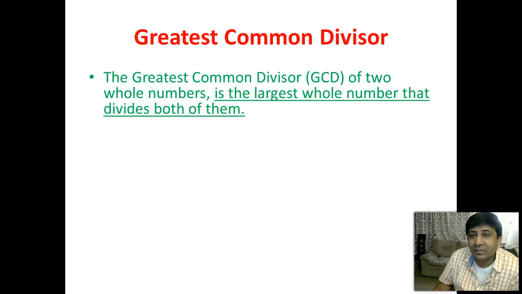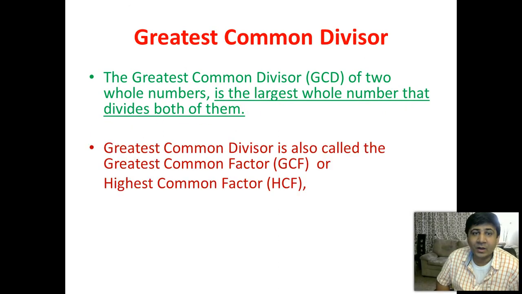The greatest common divisor, also written as GCD, of two whole numbers, is the largest whole number that divides both of them. It is also called the greatest common factor, or the highest common factor. Different names, so don't be confused.